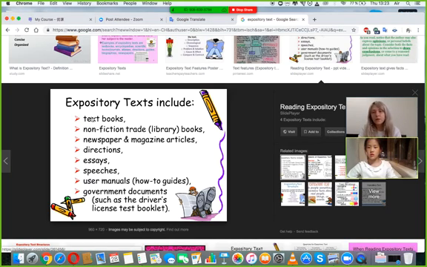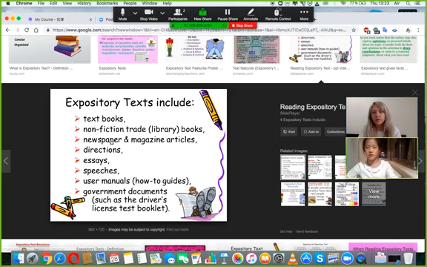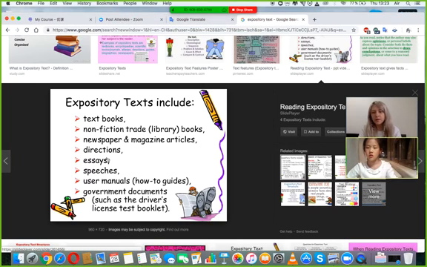What type of text was it that we read about the bicycle? Was it a textbook, newspaper, an essay, manual, newspaper article? So what was it?